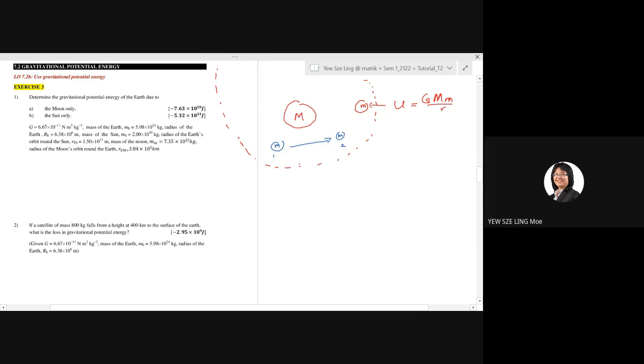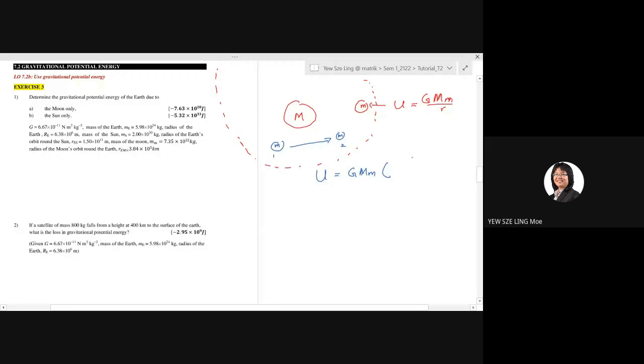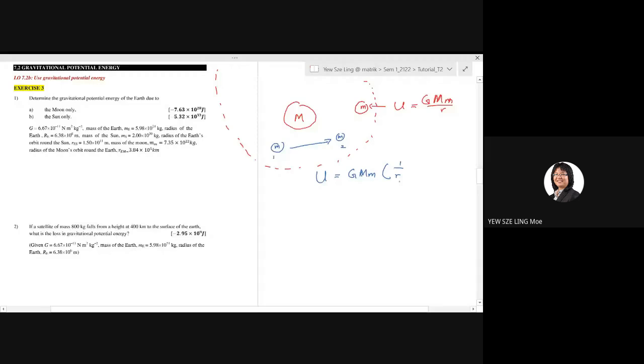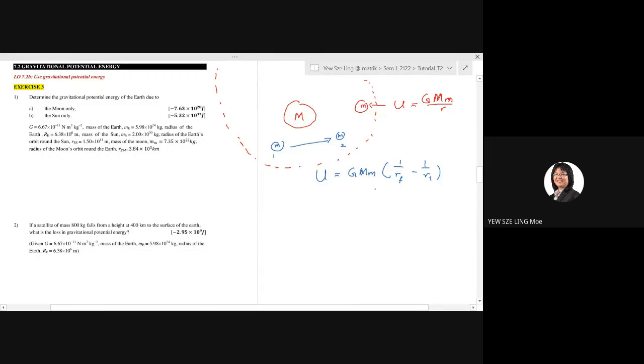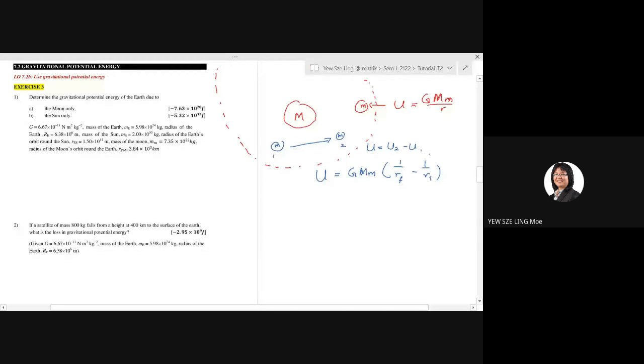So I can say my U is equal to GMm times (1 over r final minus 1 over r initial), or U equals U2 minus U1. This is what happens when I move the test mass from one point to another point inside the field.